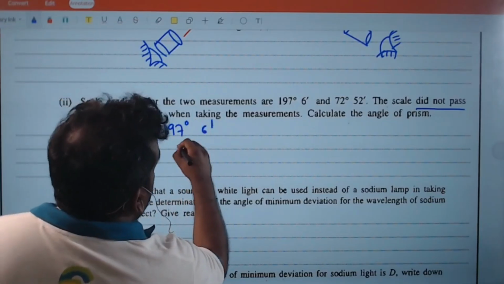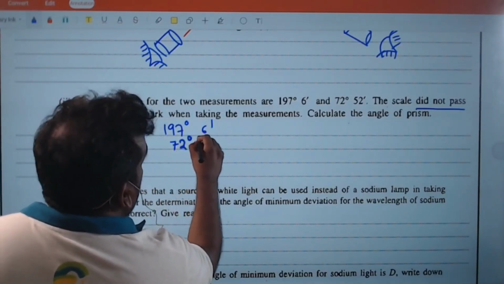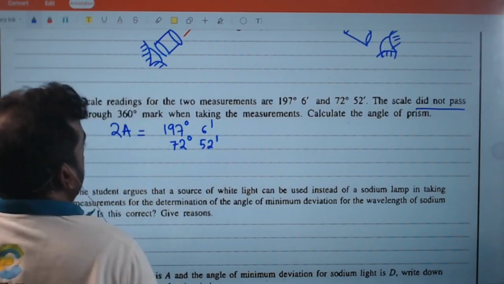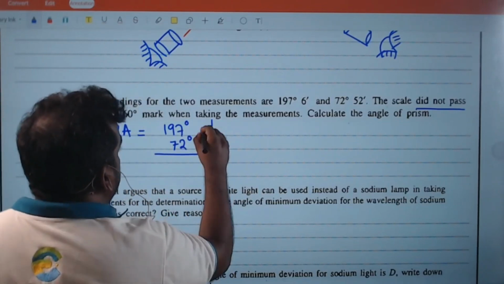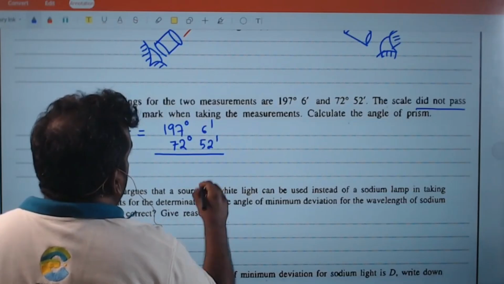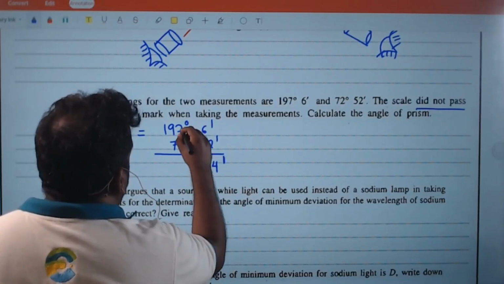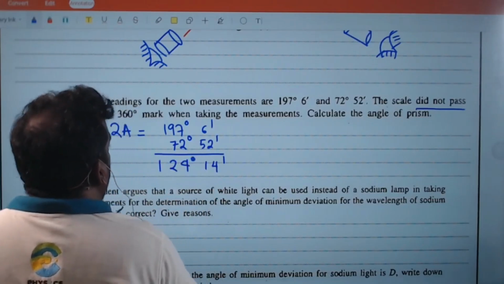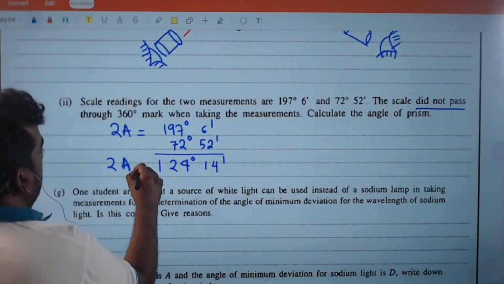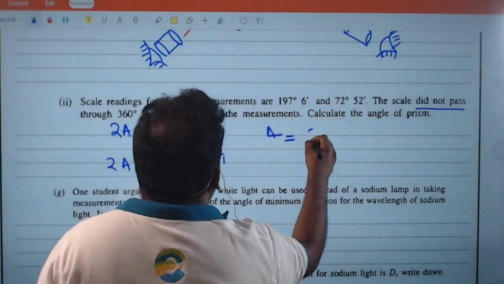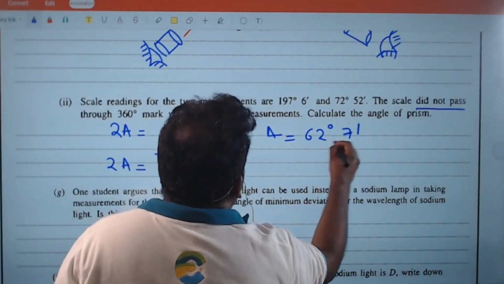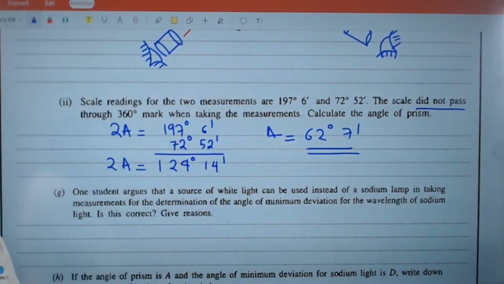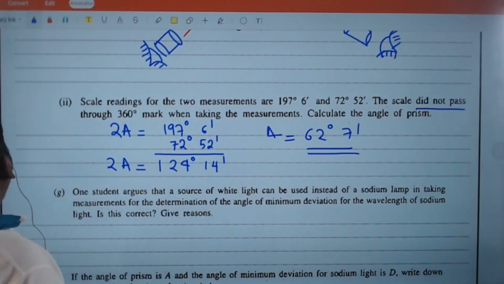Simplify this: 124 degrees 14 minutes. From this the prism angle you can take 62 degrees 7 minutes. Prism angle is 62 degrees 7 minutes. Right.